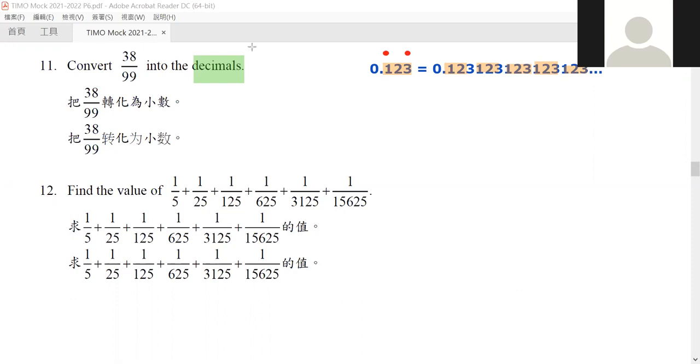Whenever we write a recurring decimal, it is interesting that a recurring decimal can always be converted into a rational number. The trick is to count how many digits there are. If you have 3 digits, all you need to do is rewrite it such that the denominator equals the number of 9s matching the number of digits.